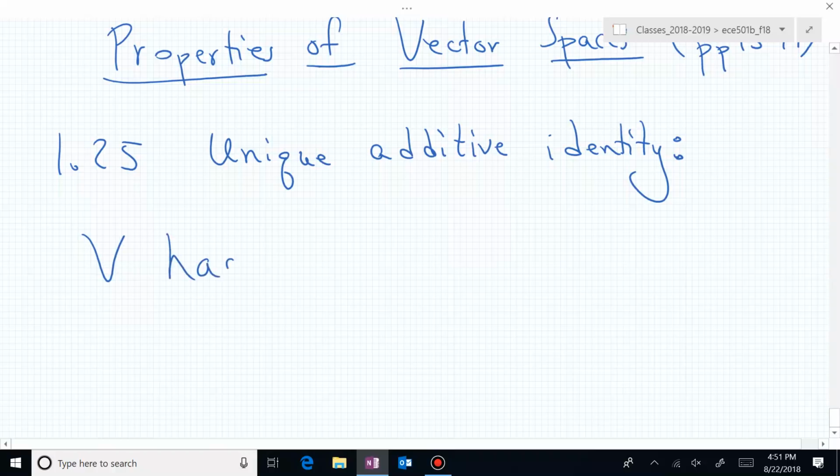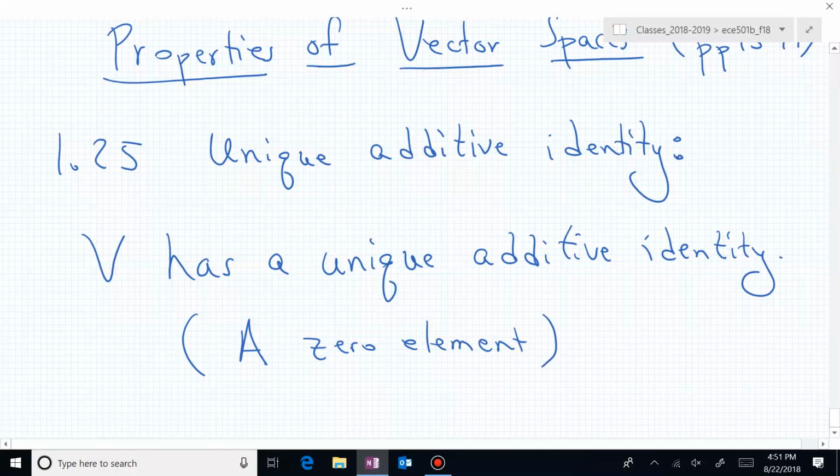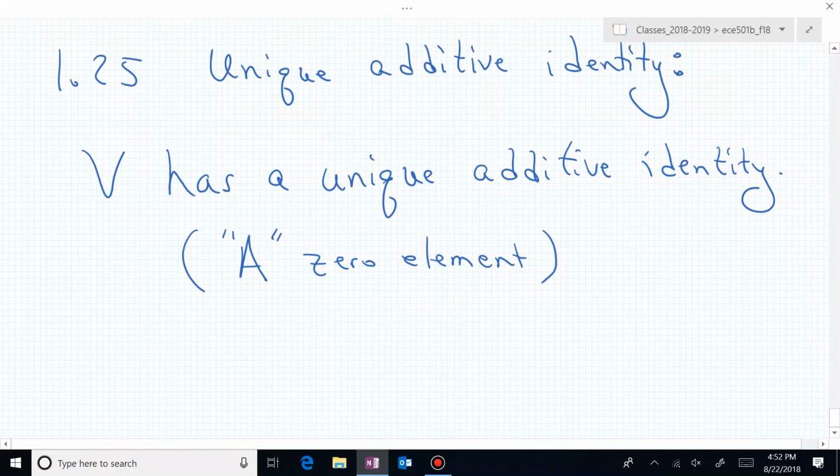So V, the vector space, has a unique additive identity. We have a zero element, where "a" is actually key in that description.